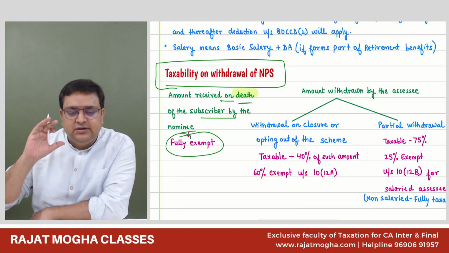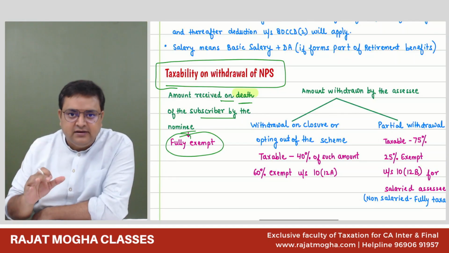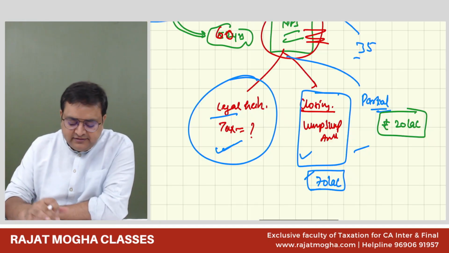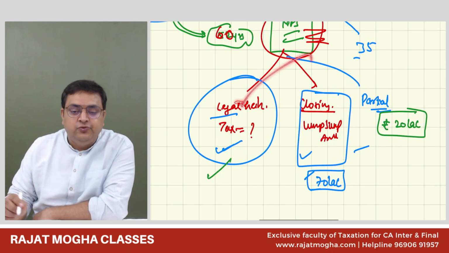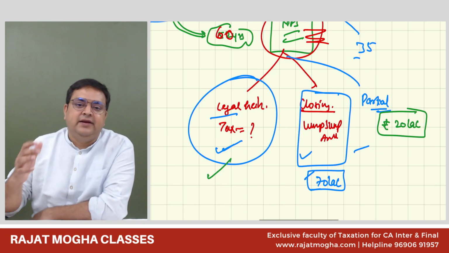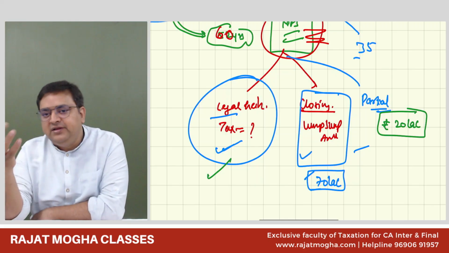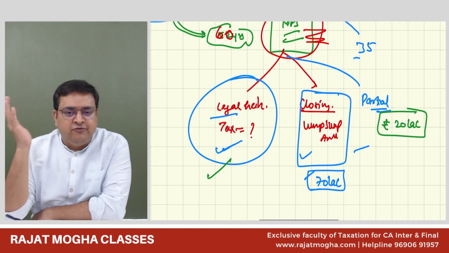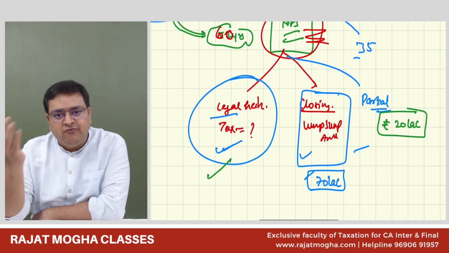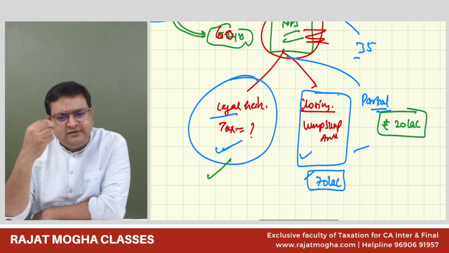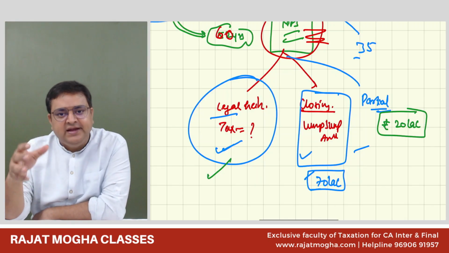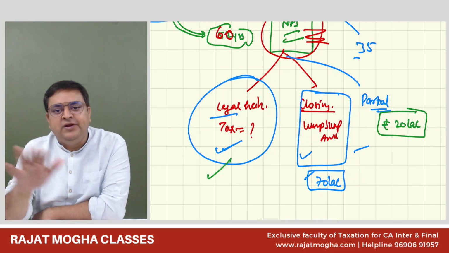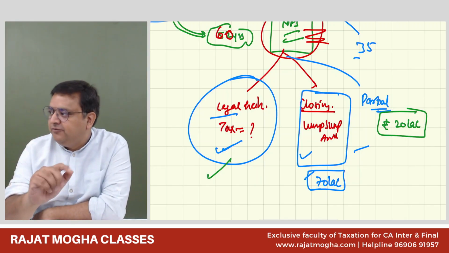So if that person died and their legal heirs are receiving this money, and they come to your office and tell you that it was my father, my mother, they were having NPS and unfortunately they expired and now we have received this money. Let's say they have received 70 lakh, 80 lakh, 90 lakh, 1 crore, fully exempt. Everybody is okay with it, fully exempt.